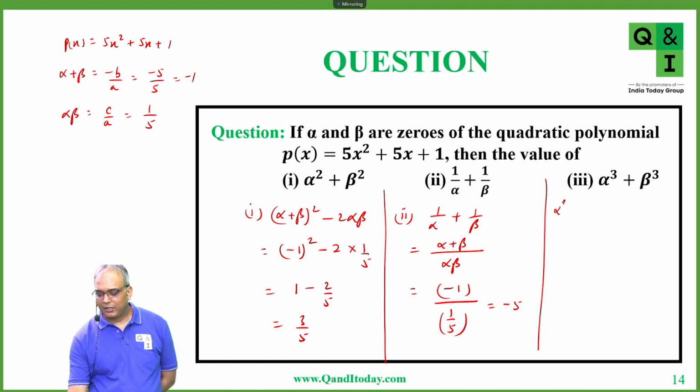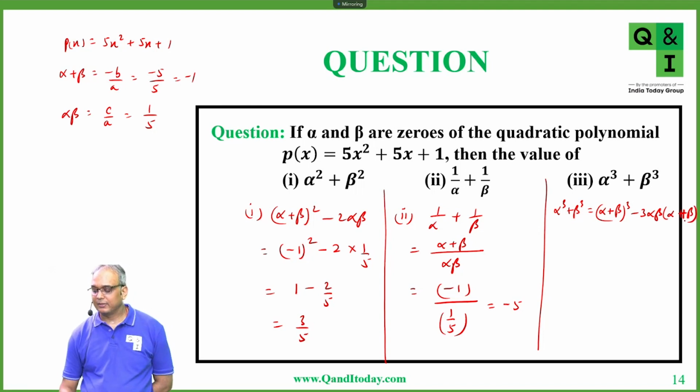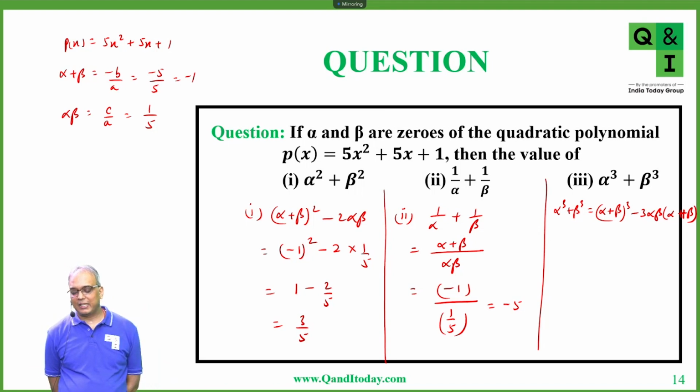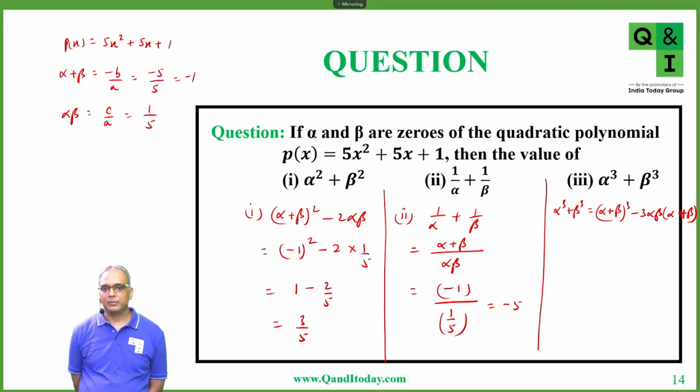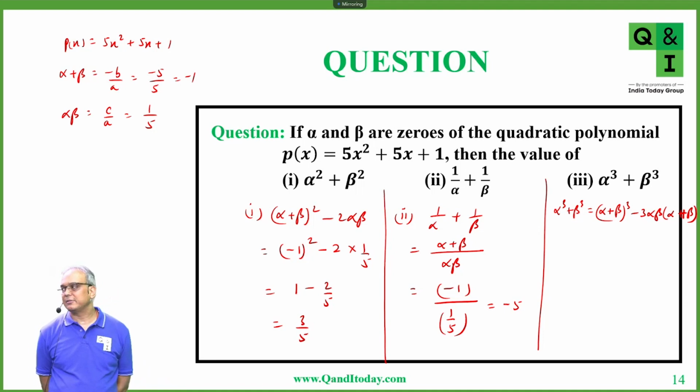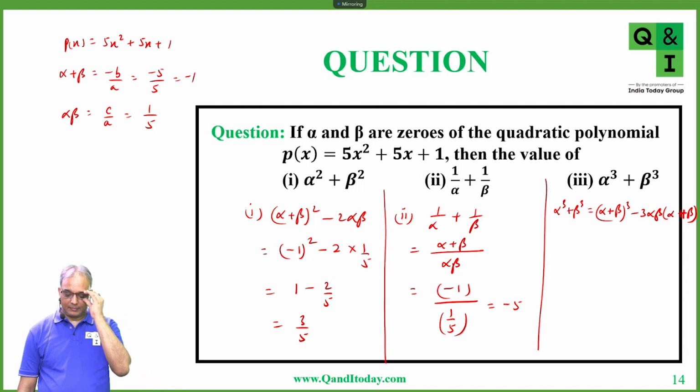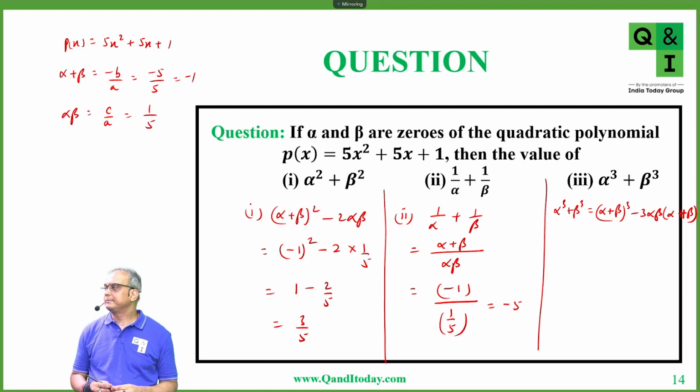So alpha cube plus beta cube is alpha plus beta whole cube minus 3 alpha beta into alpha plus beta. Try this one. Are you able to get the answer for the last part?